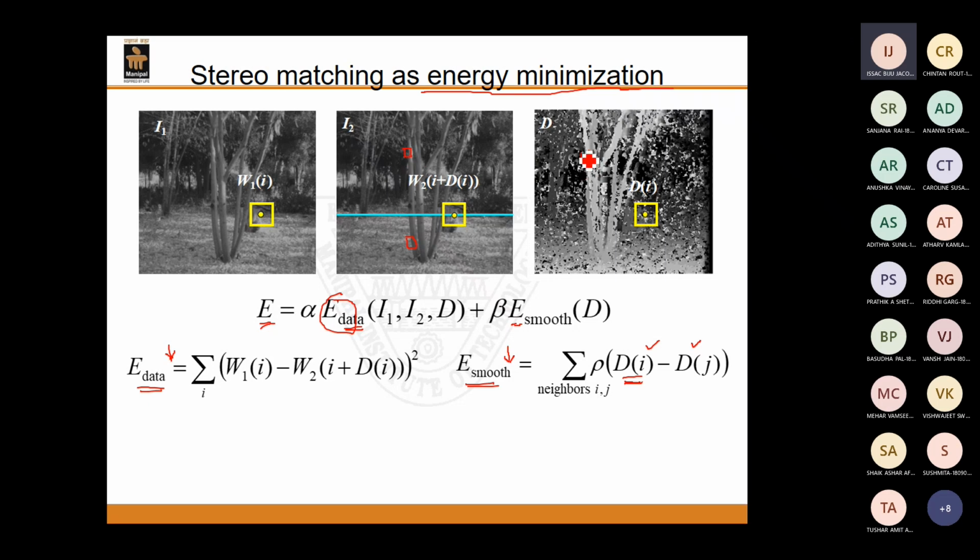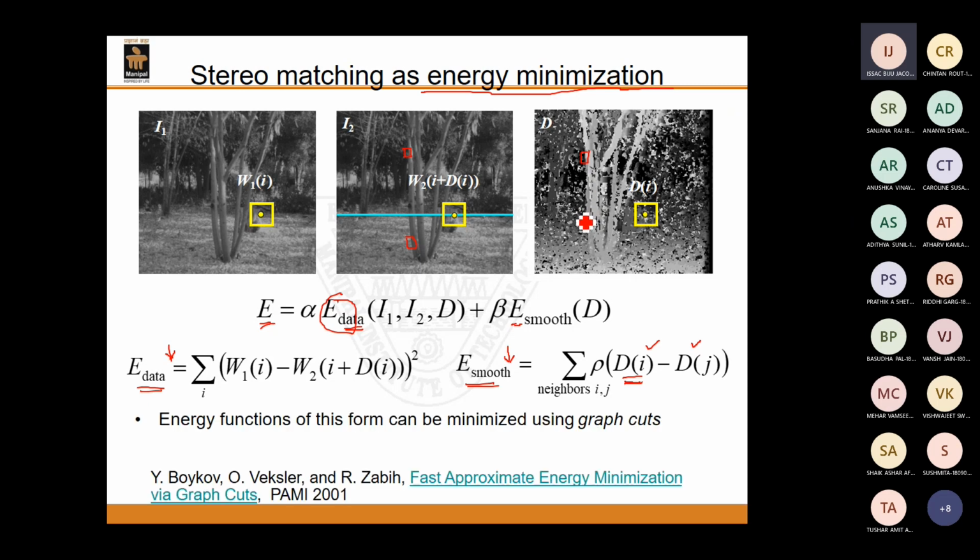Here we do not have control of the smoothness constraint, and we do not want that. What we are trying to do is smoothen out or reduce the error with respect to all the other background pixels, or all those that belong to the same object. We can perform this kind of energy minimization using the graph cuts method.